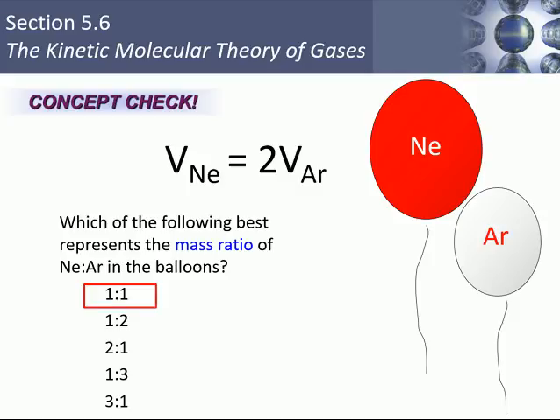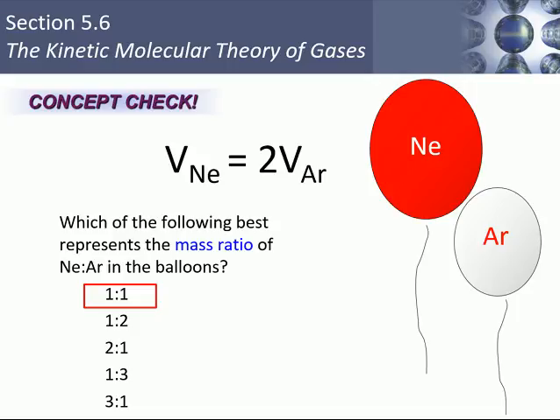All right, hopefully you came up with a 1-to-1 ratio. Let's remind ourselves what this math is saying. The volume of neon is twice the volume of argon, V equals 2V. So neon is twice as voluminous as the argon here.